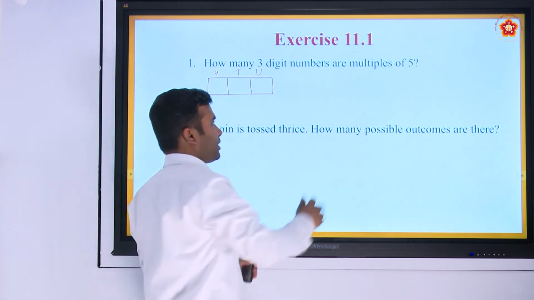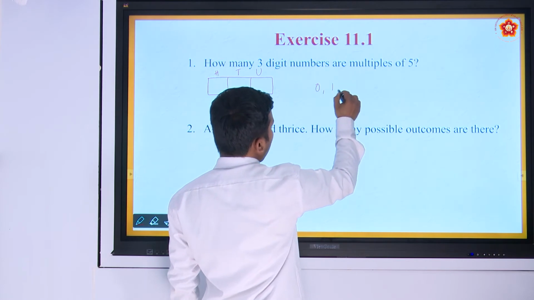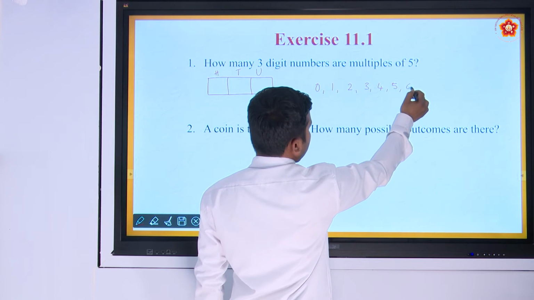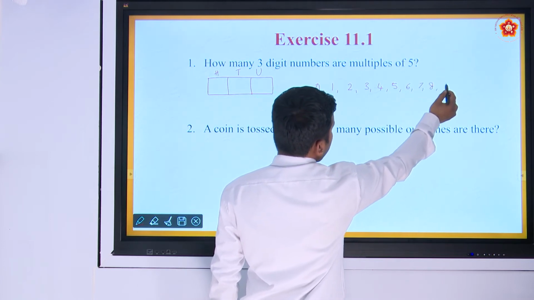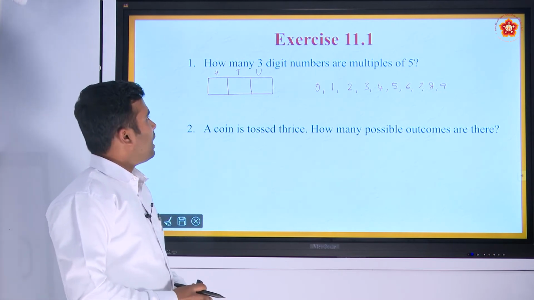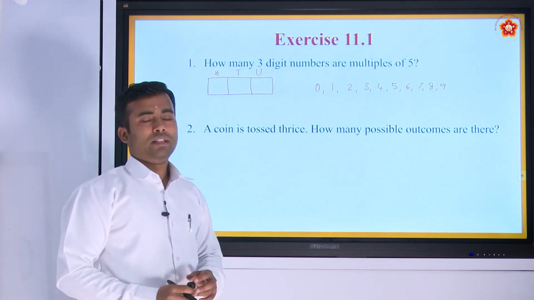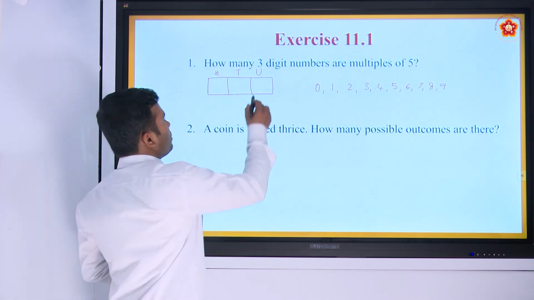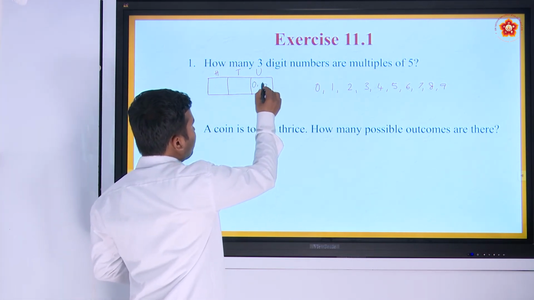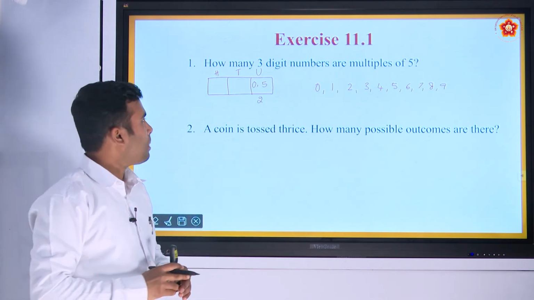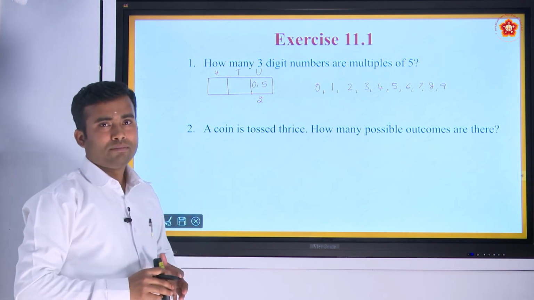We have the digits 0, 1, 2, 3, 4, 5, 6, 7, 8, 9. In the unit place there are only 2 possible numbers, 0 or 5. There are only 2 possibilities in the unit place.